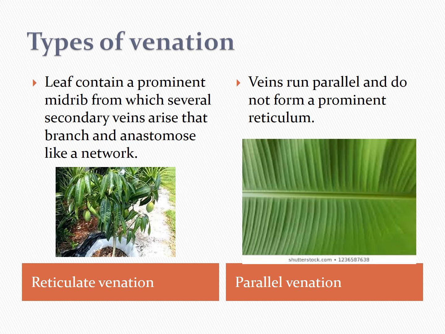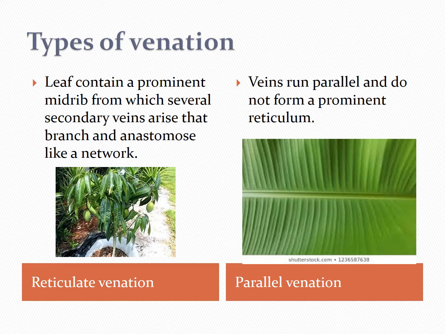First of all, reticulate venation. The leaf contains a prominent midrib from which several secondary veins arise that branch and anastomose like a network. This is called reticulate venation. Parallel venation is where veins run parallel and do not form a prominent reticulum.